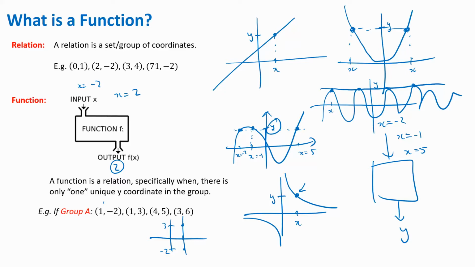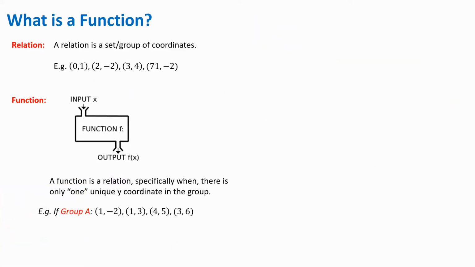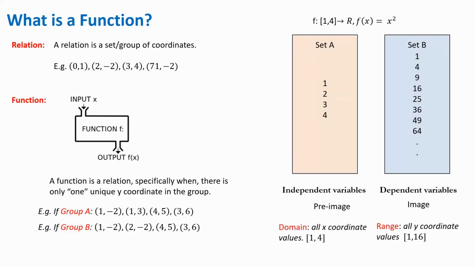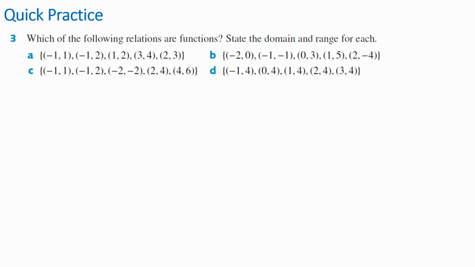All right, fantastic. So now let's go into some pedantic things. So that's what a function is. If you walk out of this lesson, at least you know what a function is. The only thing you now have to look at, don't worry about these, you can look at that during your own time. First part of the question will ask you to determine whether it's a function or a relation.